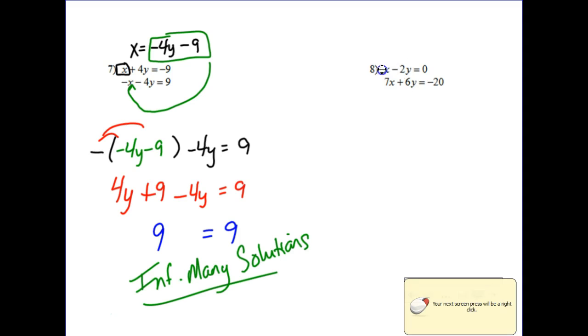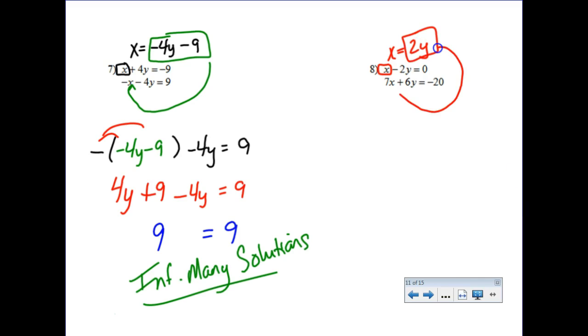This next question here, the variable with the easiest coefficient would be this guy right here. So if you could solve for that x, that would be perfect. Let's add the 2y over. So now, instead of x, we're going to use 2y, and we're going to use it right there. So 7, not x anymore, it's a 2y, plus 6y equals negative 20.